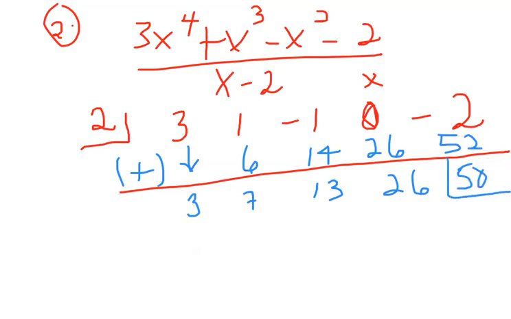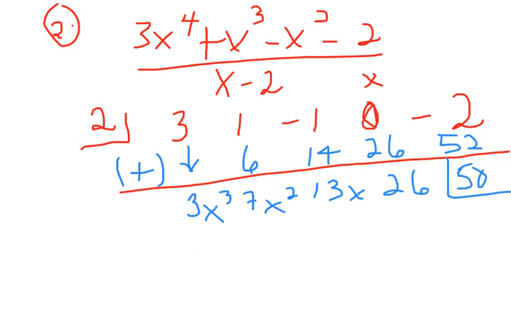So now it's time to go ahead and fill in those variables. Don't forget, the remainder has to go over the divisor. So we're going to start off with x to the 3rd, move forward in descending order of powers until you run out of x's. Once you run out of x's, it's time to write out the quotient.